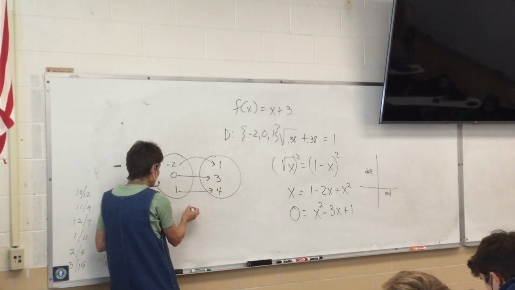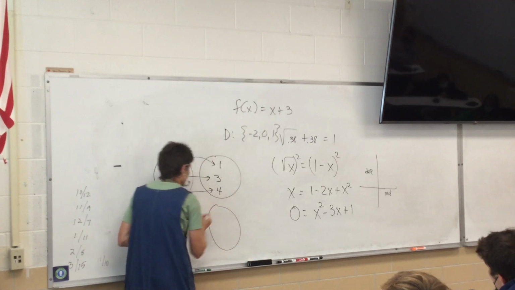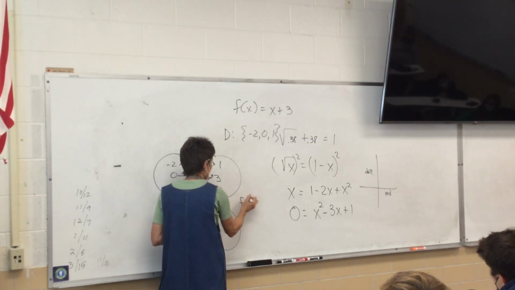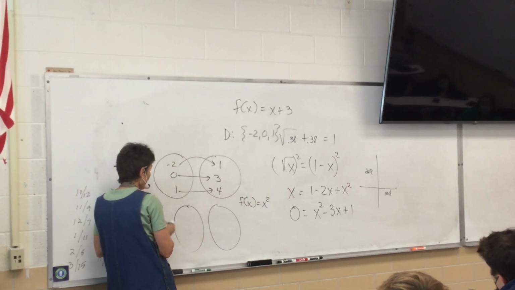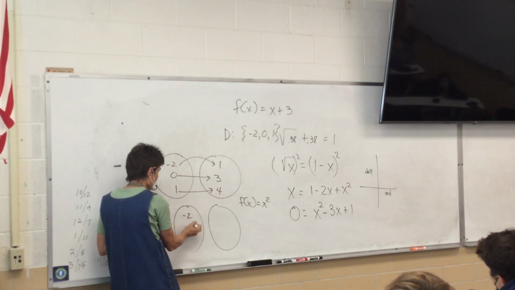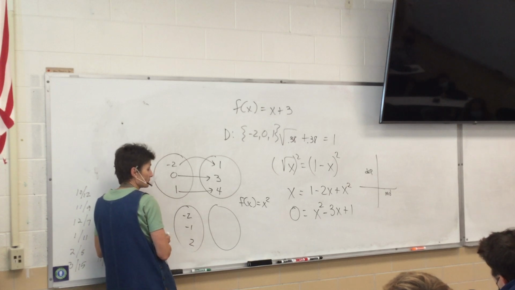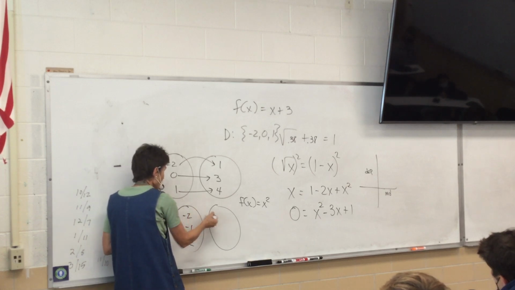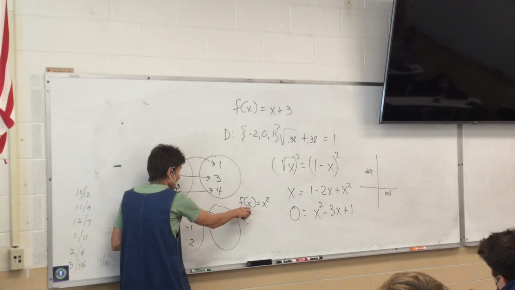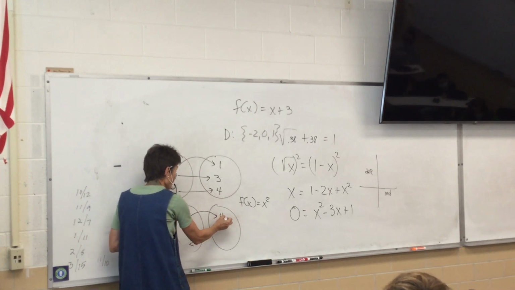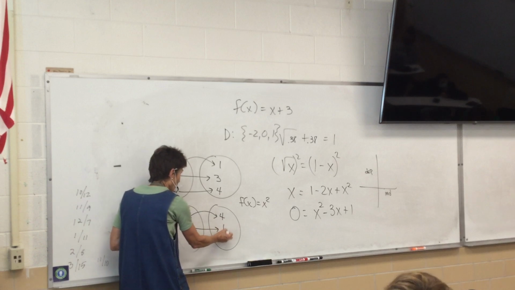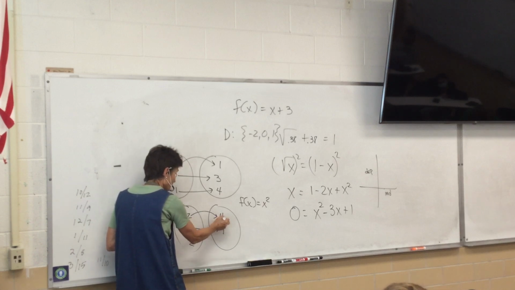It is completely okay to have a picture like this. Let's say your function is x squared. If my domain is -2, -1, 2, then my range I will map onto 4 and 1 and 4.